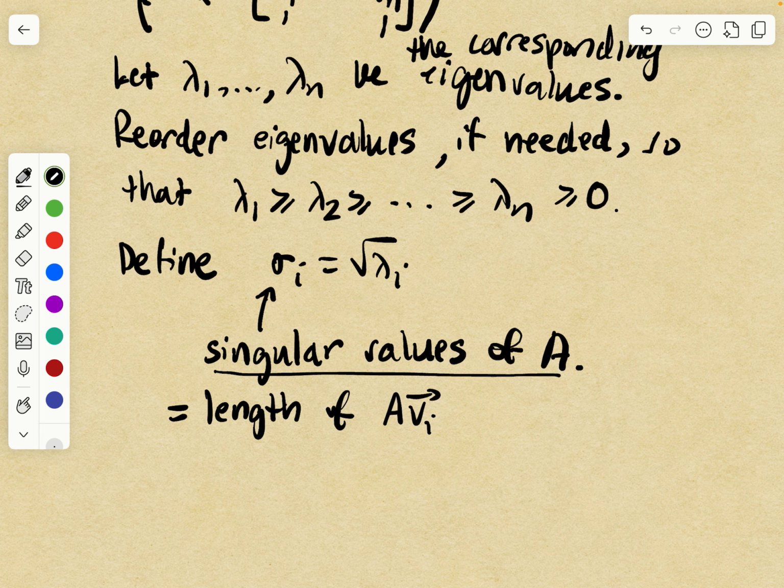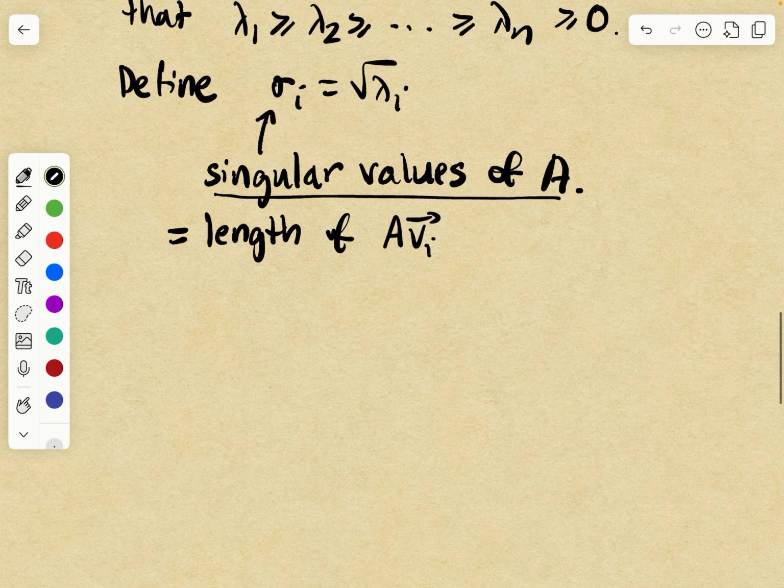So the singular values of A are what you get by taking A transpose A, finding the eigenvalues, and then once you know that these are non-negative, you can take the square root, and those are the singular values of A.